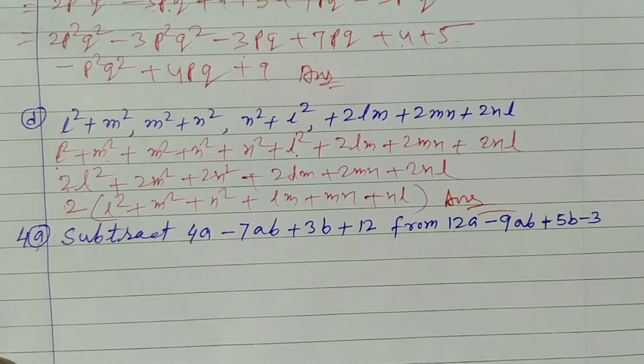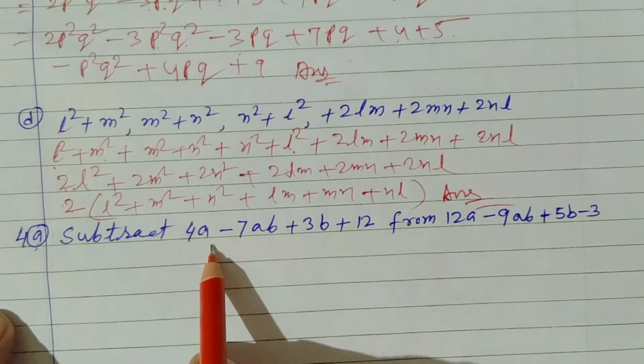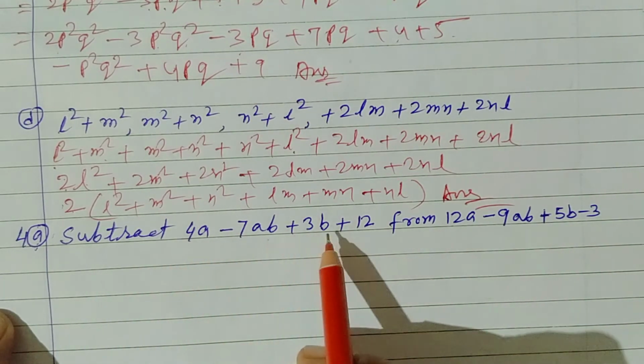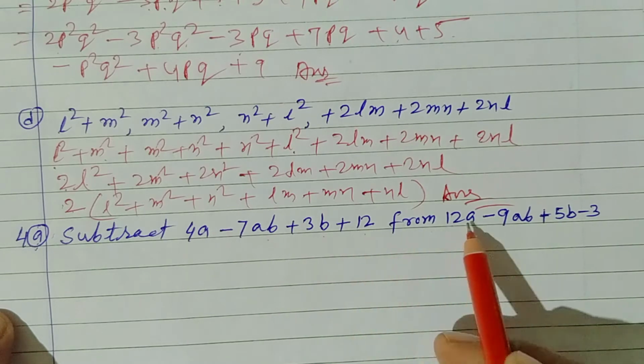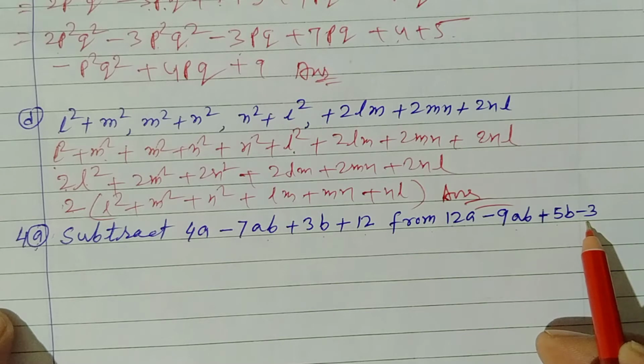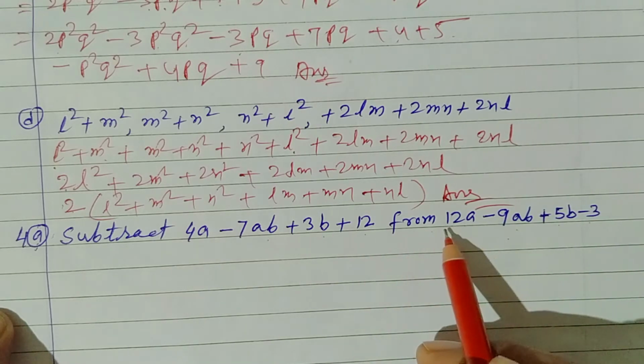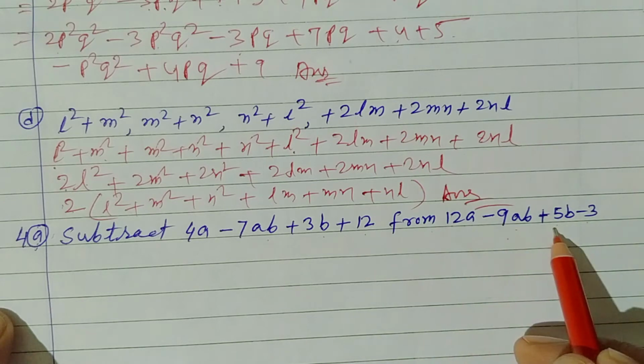In this question we have to subtract. The question comes this way: Subtract 4a minus 7ab plus 3b plus 12 from 12a minus 9ab plus 5b minus 3. In this type of question, we start from here.